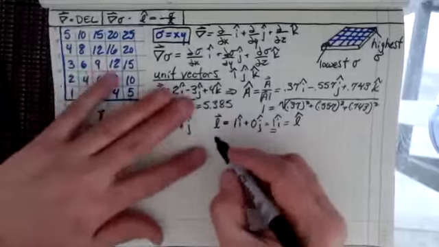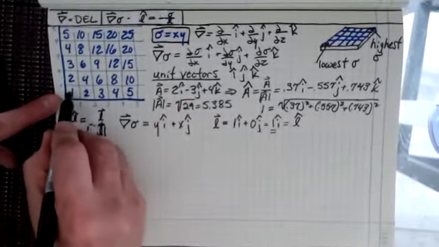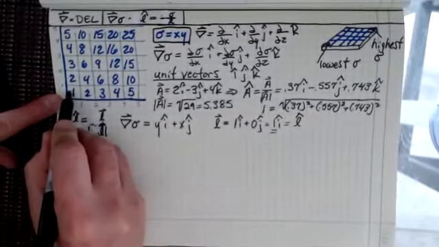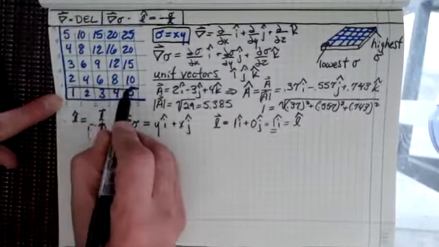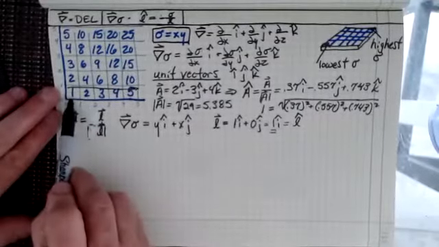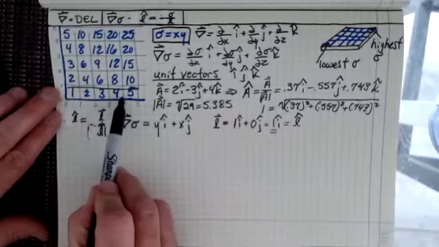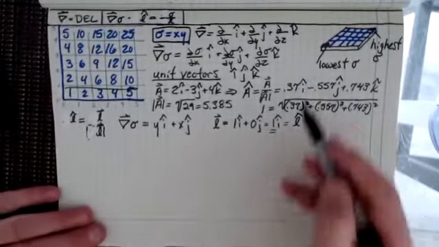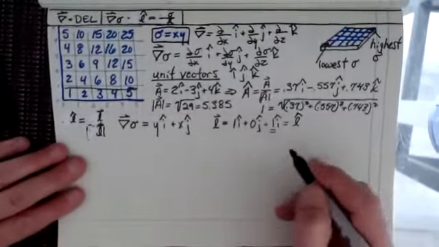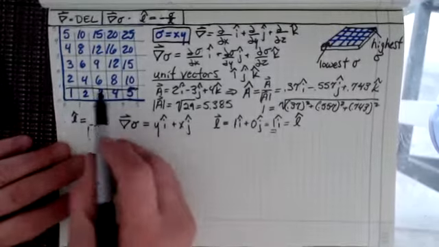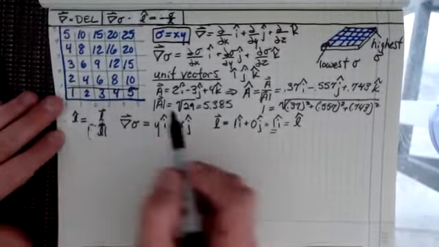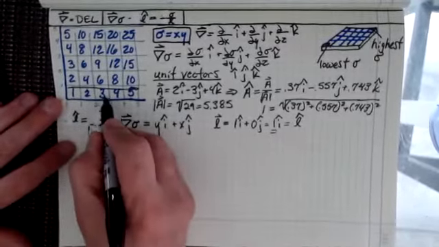Now, what if instead of going along here, I'm going to look at the gradient. This is going to tell me how much this drops each point that I go to. So let's do this one first. So if I have this, let's just pick a point. It doesn't matter which point we really pick on here.